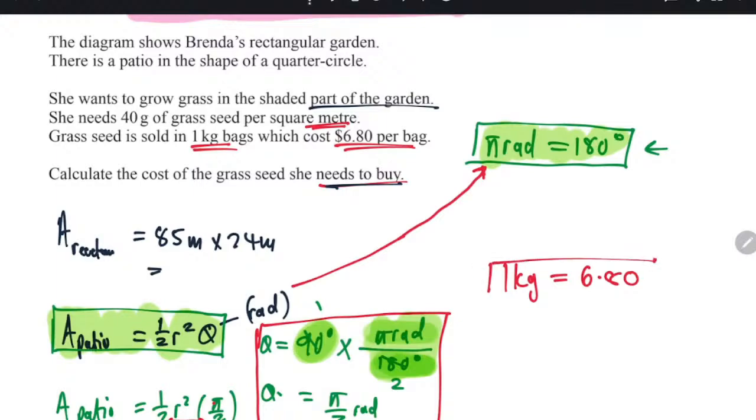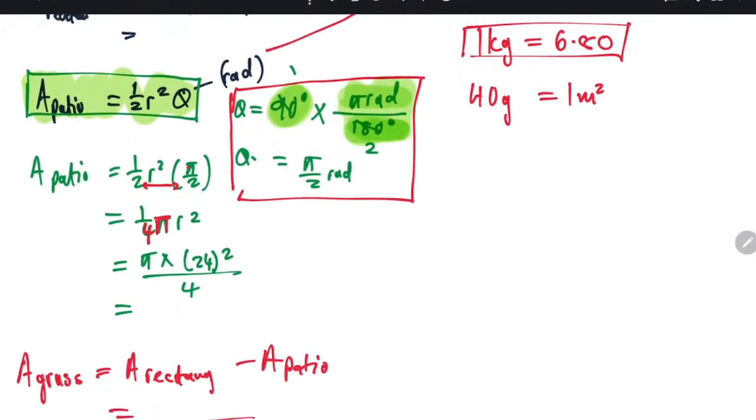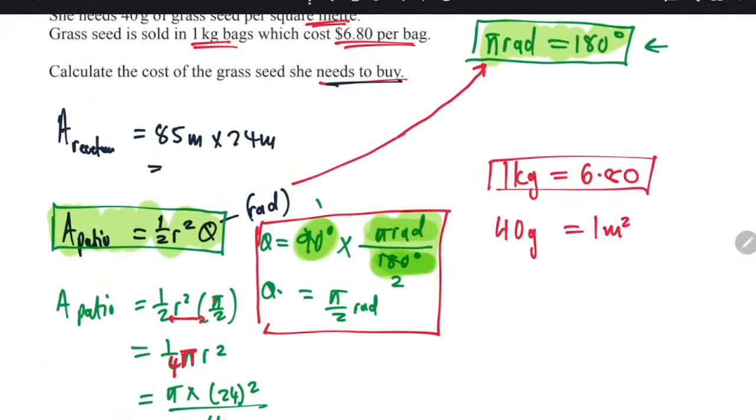Now here they said 40 grams per square meter. So you have 40 grams is equal to 1 square meter. So now let's first find area, then convert it to mass, then convert it to cost. Do you know exchange rate? If you don't know exchange rate, I'll be the most disappointed man here, because exchange rate is all about relationships.